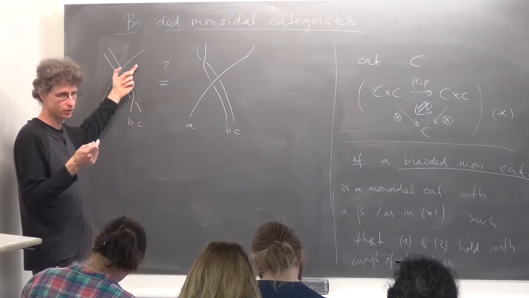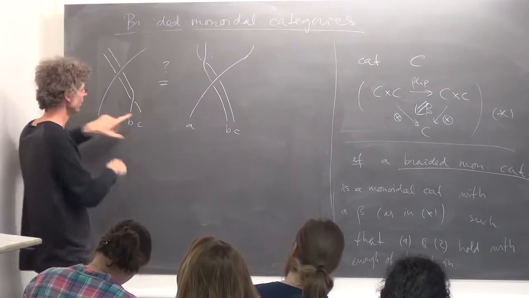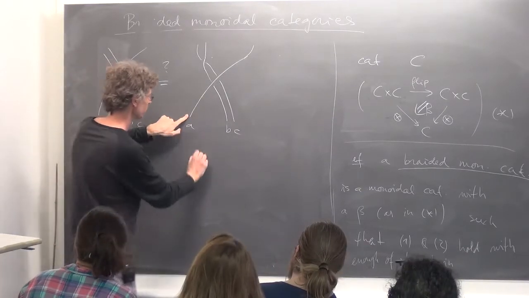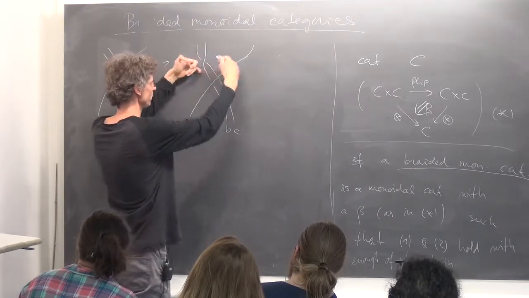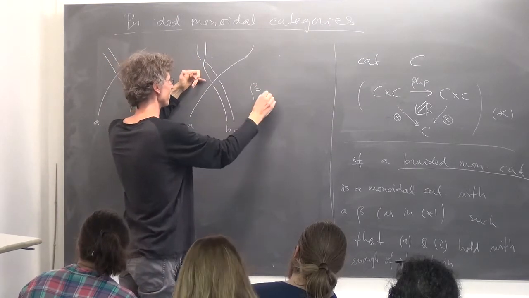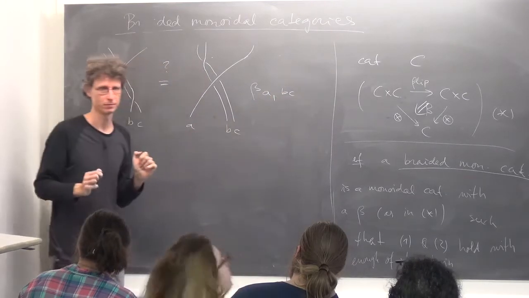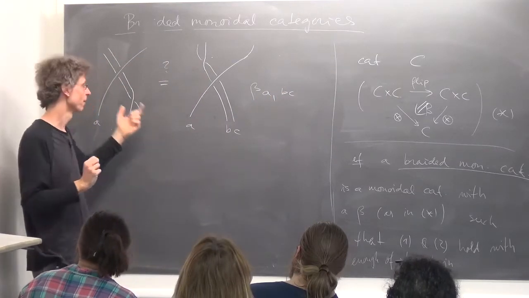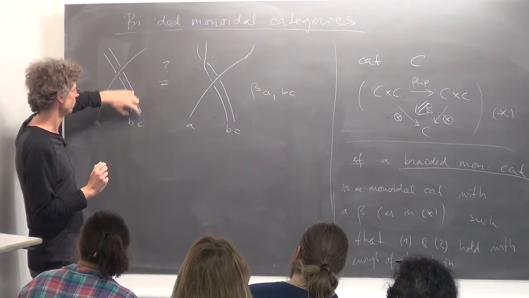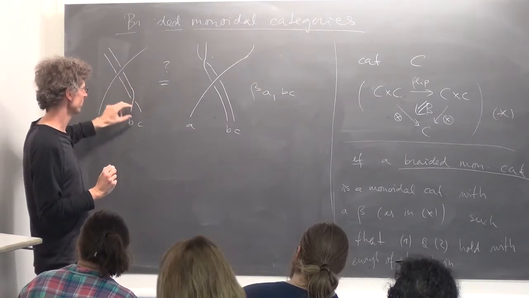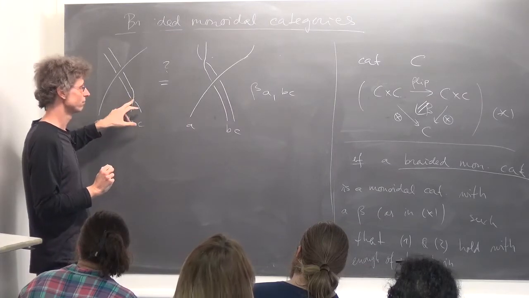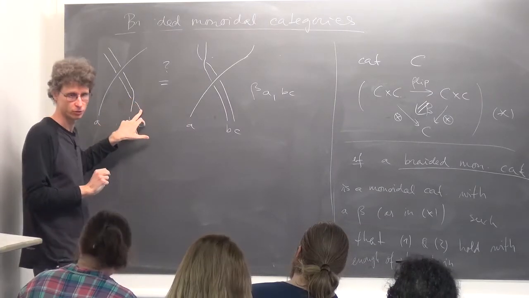So I just represent it this way. But what this thing really is, or here, you see, I'm jumping with, this thing up to here is like this beta A and jumping over BC. That's what's happening. And what is really happening is that we're using naturality of beta.